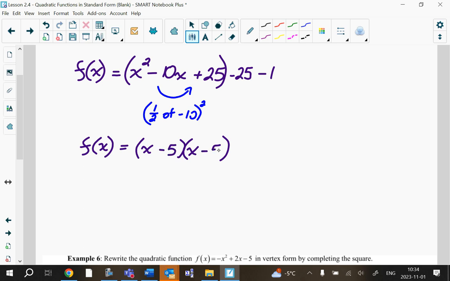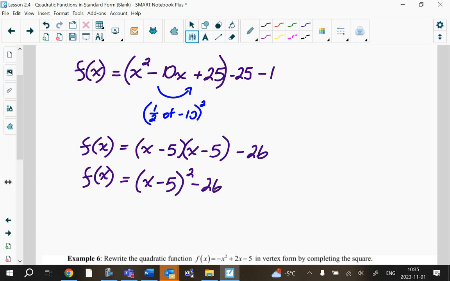Yes, they have to be the same because I have to write it as squared. And then this, negative 26. Now, the final step is take the two identical binomials and make a squared out of them, and we've got vertex form.